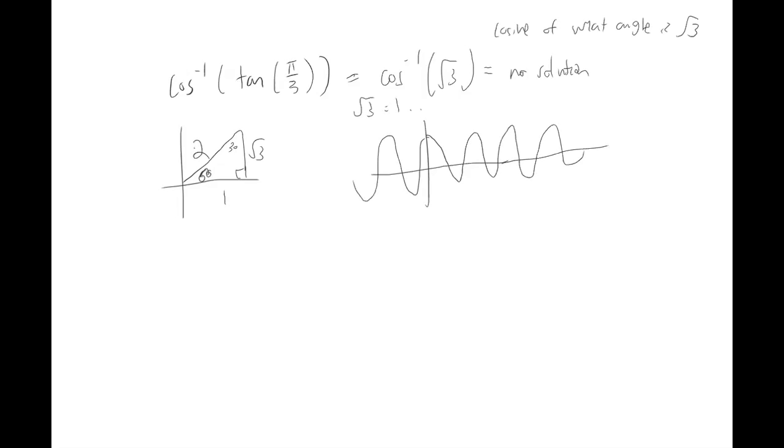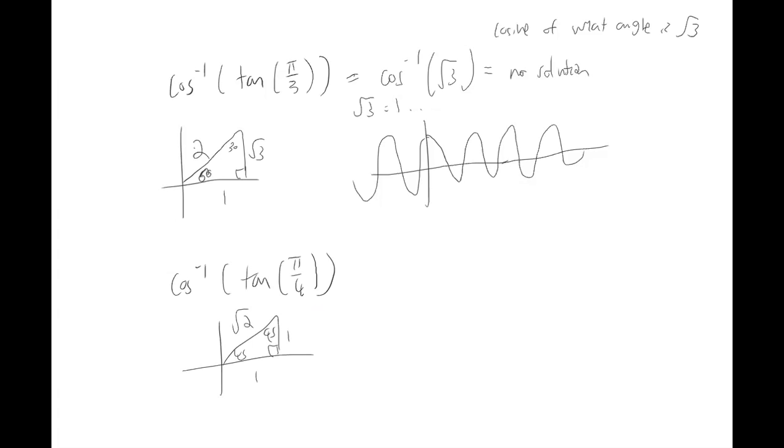So let me do one with a solution. Let's do cosine inverse of tangent of pi over 4. Yes, this will work. Tan of pi over 4, that's a 45 degree triangle, so it's 1, 1, root 2.